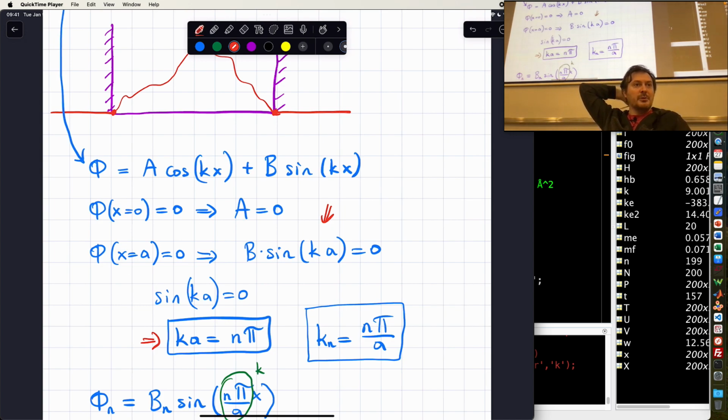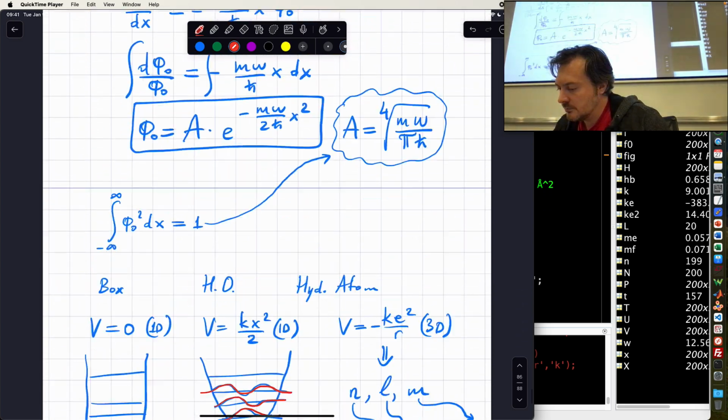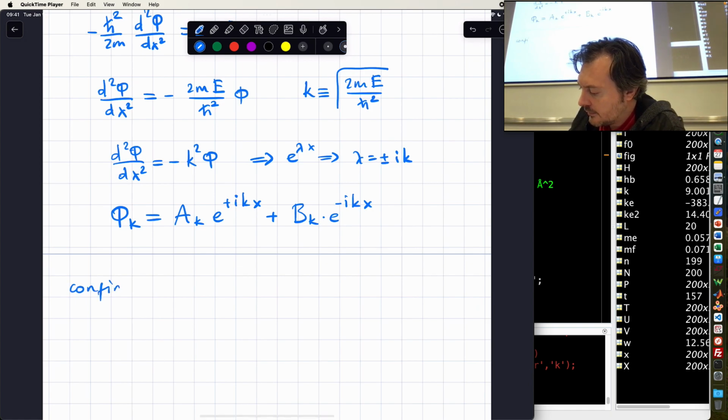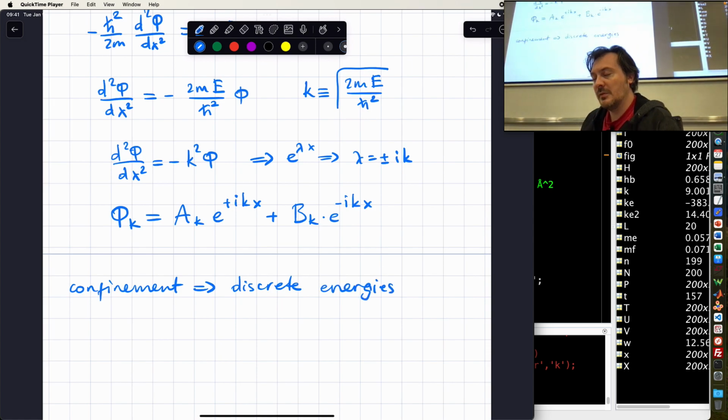Do you remember quantum confinement? So then we can conclude that confinement leads to discrete energies. Right?